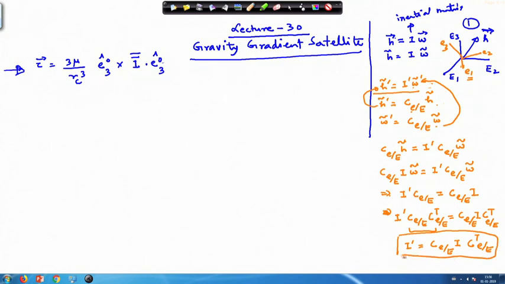So, in this particular equation, the inertia matrix which is in one frame, we are able to convert it to another frame. Say this I was in the capital E frame, and as per this one we can go to the small e frame. And as we know, this inertia matrix is always symmetric, and therefore if we take the transpose of this, it will be equal to I prime.